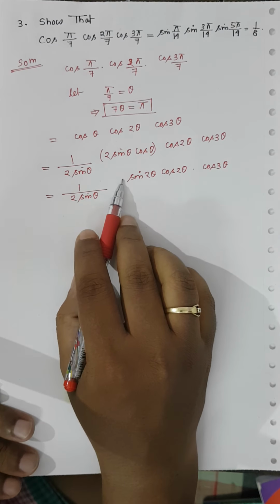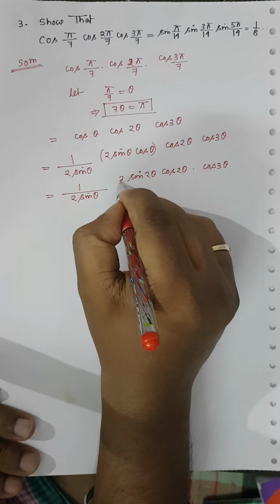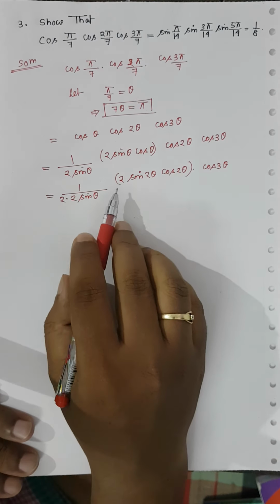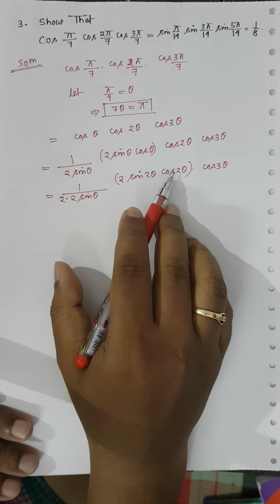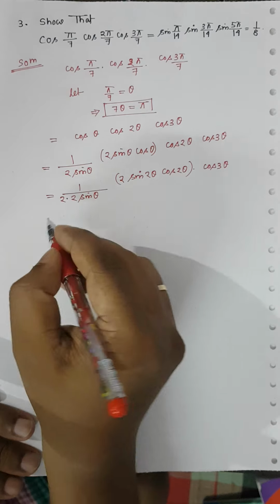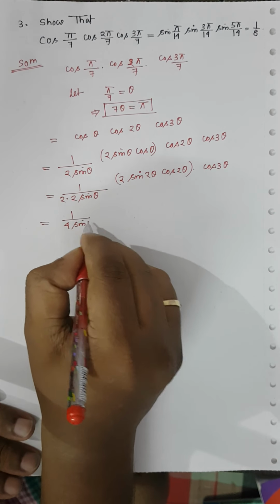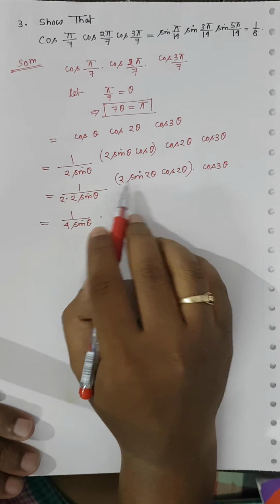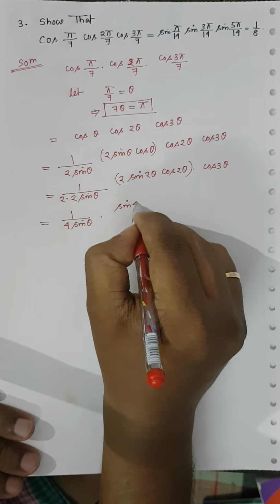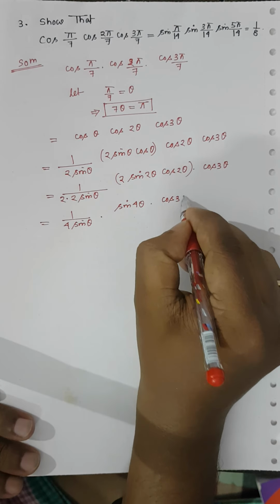If I multiply by 2 here, I will have 2 sin a cos a. I multiplied by 2 in the numerator, so I have divided by 2 in the denominator. This is 1 by 4 sin θ. Again, what is 2 sin a cos a? This is nothing but sin 2a. So I am getting sin 4θ into cos 3θ.